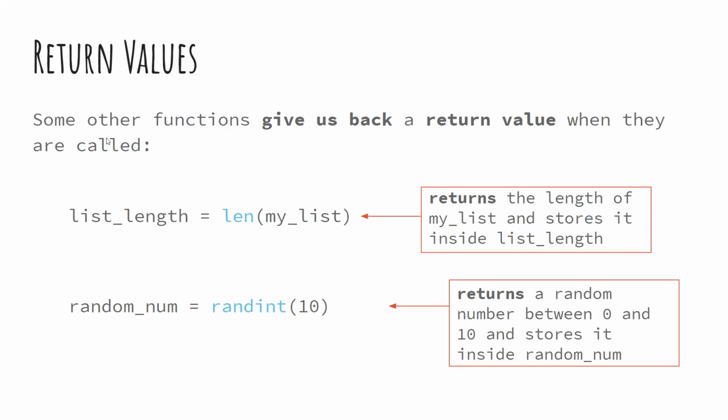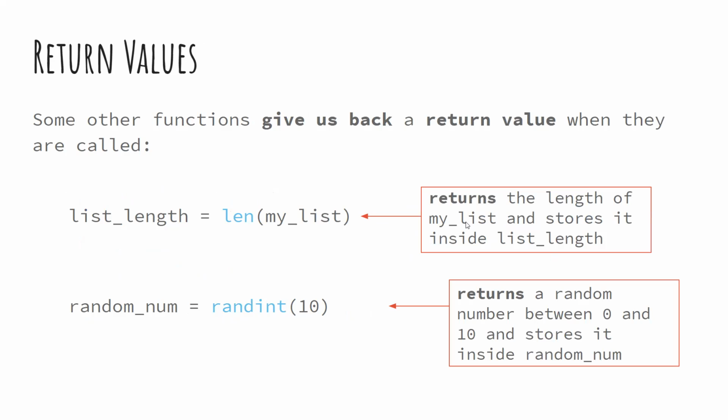Now, return values. There are some other functions that give us back a return value when they are called. For example, the length function. We've learned about the length function, and what it basically calculates is the total number of elements inside of the list, right?